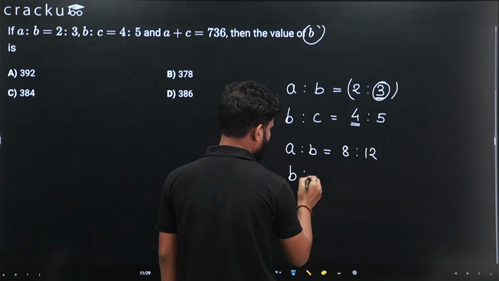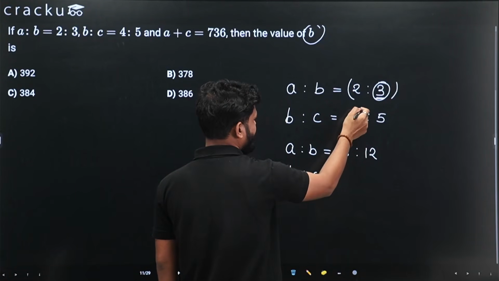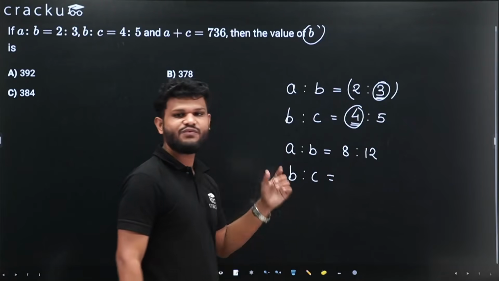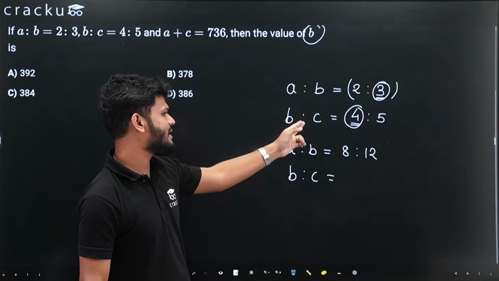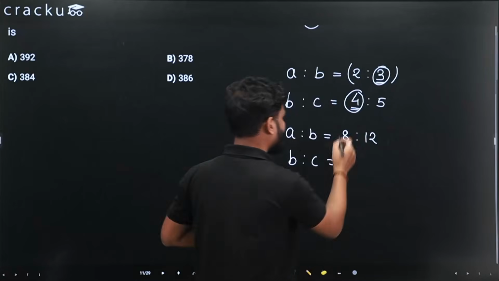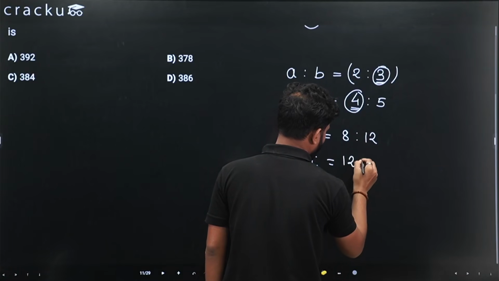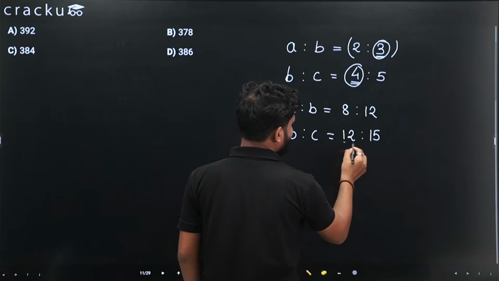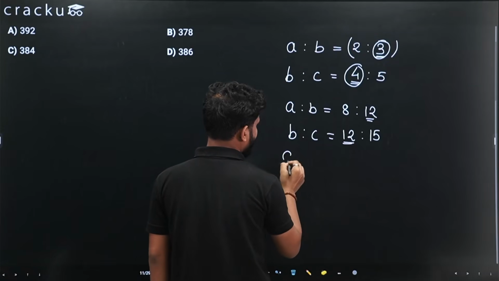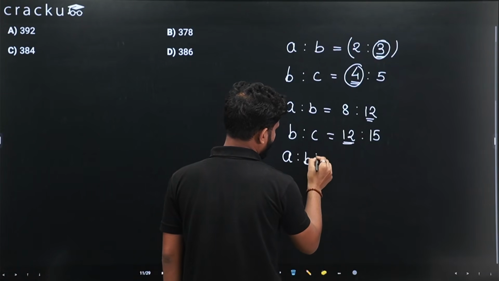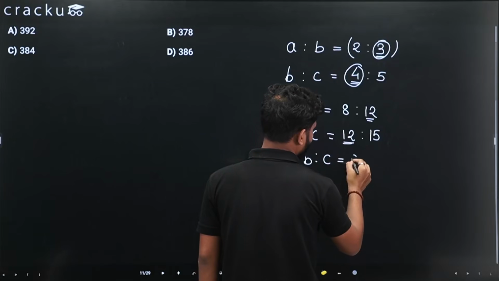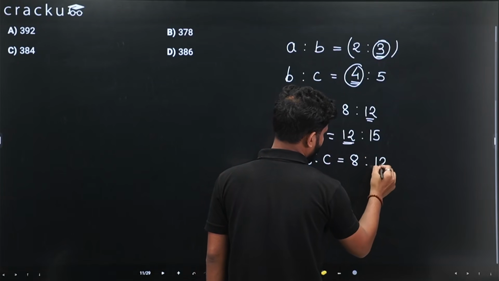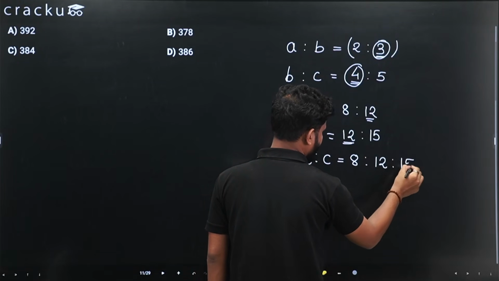To make B is to C, in there we have 4. To make this 4 as 12, we have to multiply B is to C by 3. If you multiply it by 3, it will be 12 is to 15. Correct? So now, as these two values are equal, we can say A is to B is to C is 8 is to 12 is to 15.